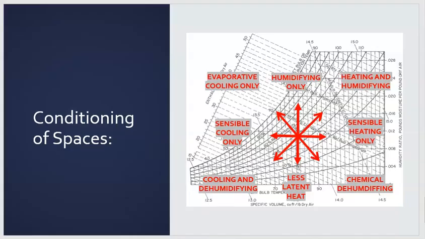And in a broad sense, if you're looking at this chart, as you increase the humidity levels, if you can only provide humidifying only, then you'll get a change in the moisture content of the space, and you'll have a more humid environment. So this is how, if the space is too dry, you would humidify it only because the temperature is fine.